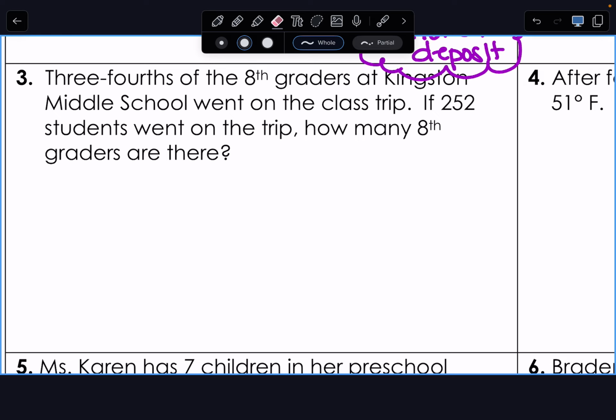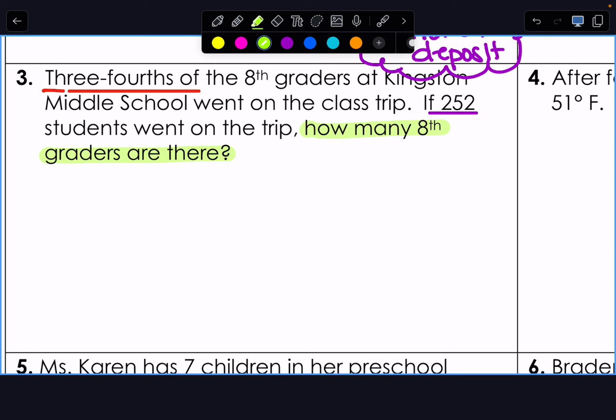Okay. What's important? 3/4 of the 8th grade class. Okay. What else is important? 252 students. We are trying to figure out how many 8th graders there are.